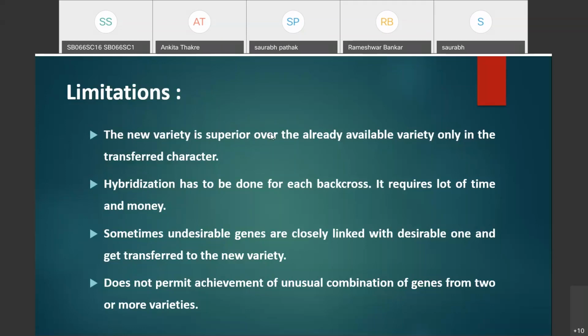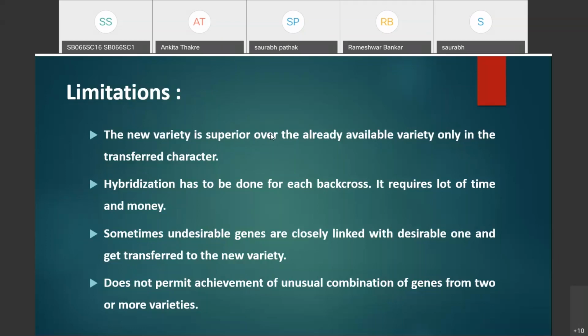Though there are certain limitations for using the backcross method in self pollinated crops, this method has the greatest advantage in producing new disease resistance varieties. New varieties with disease resistance are released by using the backcross method. That is all about the backcross method.